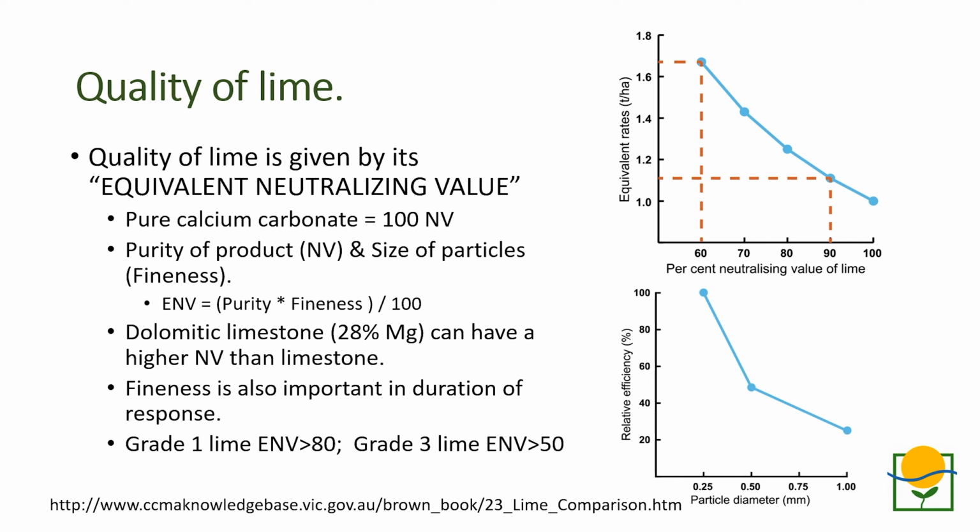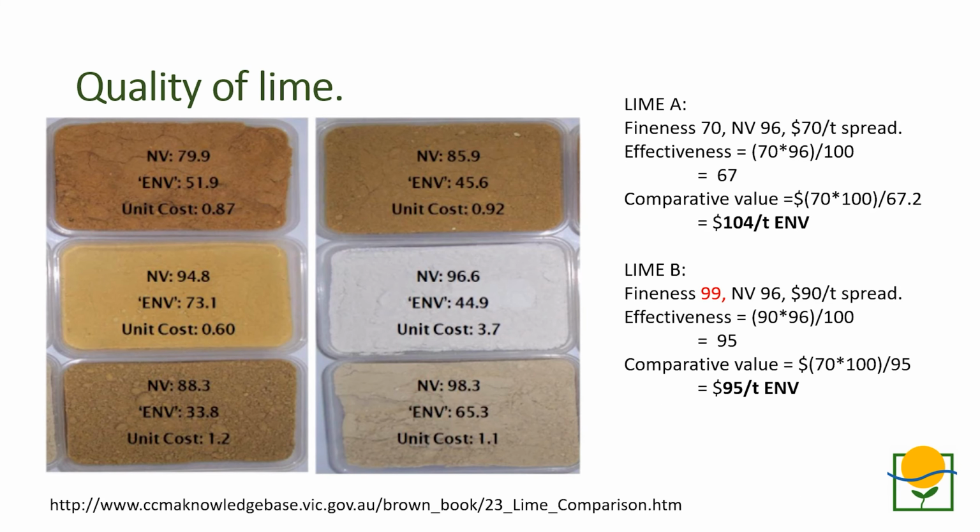Lime is given grades, and grade 1 lime has an equivalent neutralising value of 80 or better, and to be considered as lime, any materials need to have an equivalent neutralising value greater than 50. The quality of ag lime is not always apparent from its visual appearance. These are some examples taken from the Corangamite Catchment Management Authority's website.